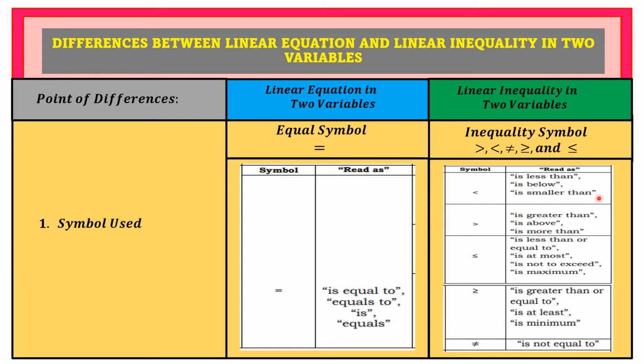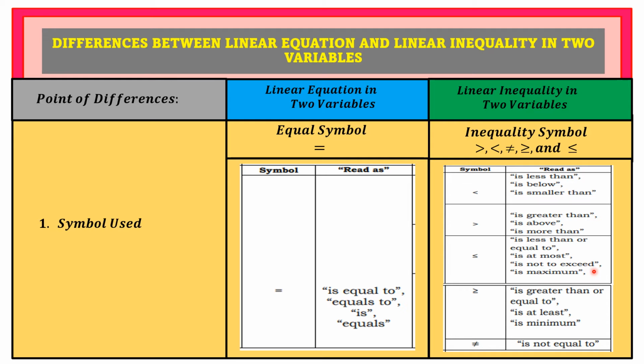Marami pa actually. Yung ganito namang symbol, we have is greater than, is above, is more than, and others. Yung namang ganitong symbol, it could be is less than or equal to, or is at most, or is not to exceed, or is maximum.